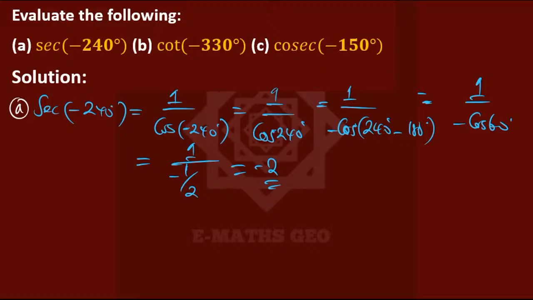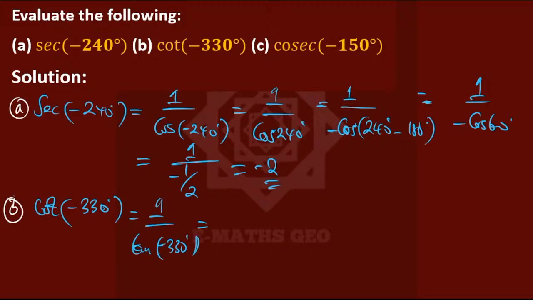Now the second question, we have cot of negative 330. So first, we know that cot is 1 over tan. So cot negative 330 will be 1 over tan negative 330.